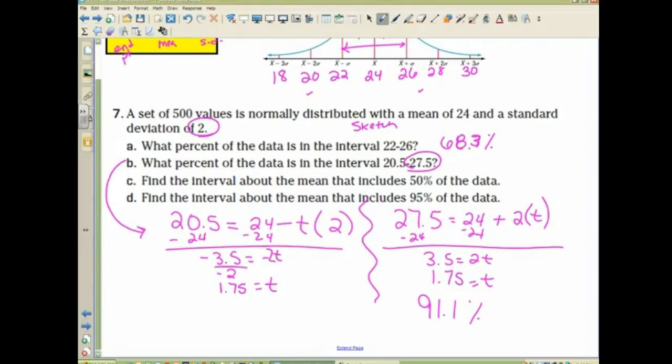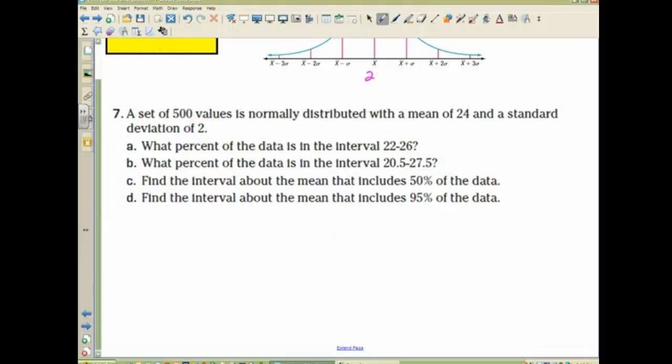Find the interval about the mean that includes 50% of the data. So C is structured a little bit differently. I want 50% of the data. I'm going to clear this screen. 24, 26, 28, 22, 20, you get the idea. I want 50% of the data. So 50% of the data is a p-value.